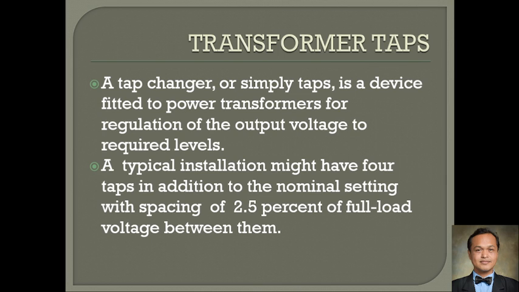A typical transformer has 4 taps with 2.5% spacing, so it can be pushed up by about 5% or lowered by about 5%. It depends on the settings of the taps, whether it's only going up, going down, or both sides. Shall we say we had a transformer of about 38.5 kV, then it will go up by just about 0.2%. So it will go a little bit higher, but not too high.